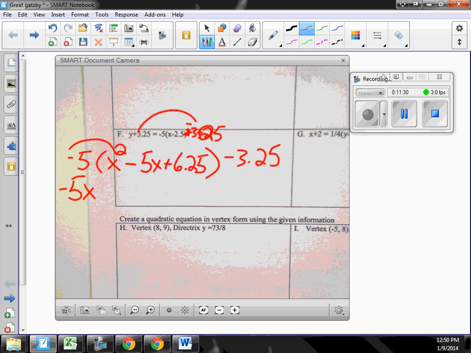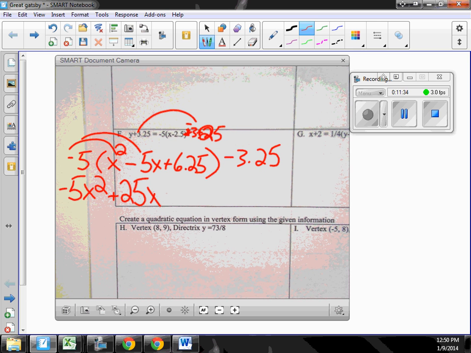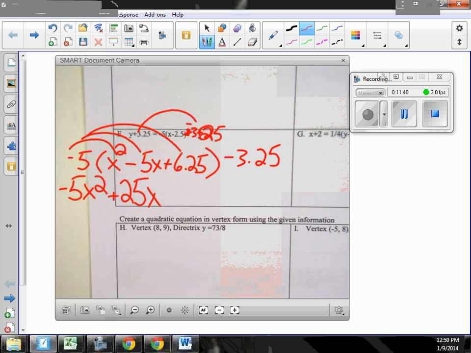Negative 5x squared plus 25x. What is that? 31.25, and then we add an additional negative 3.25, which bumps it down to minus 34.5.